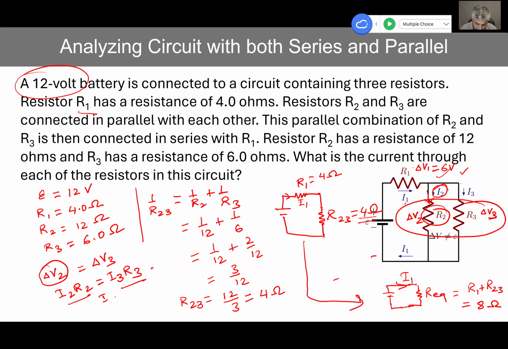So let's say I2 divided by I3 is R3 divided by R2. So now from here, you will get a relationship between I2 and I3. So R3 is 6, and R2 is 12. So 6 over 12 means it's half. I2 is half of I3.